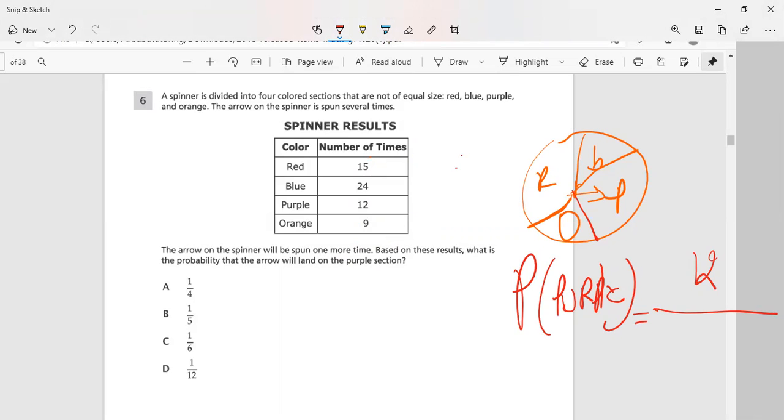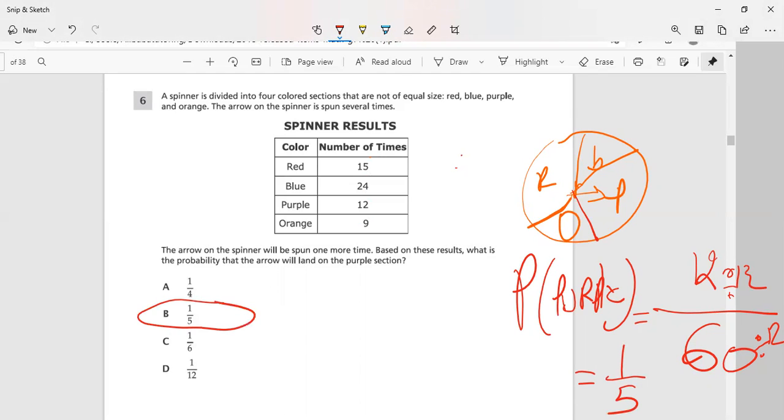This is 36, 48, 60. So the total number of times they spun the spinner was 60 times. So 12 out of 60, you divide top and bottom by 12, and it's 1 out of 5. So the probability that it would land on purple is 1 out of 5. Okay? All right, that's it.